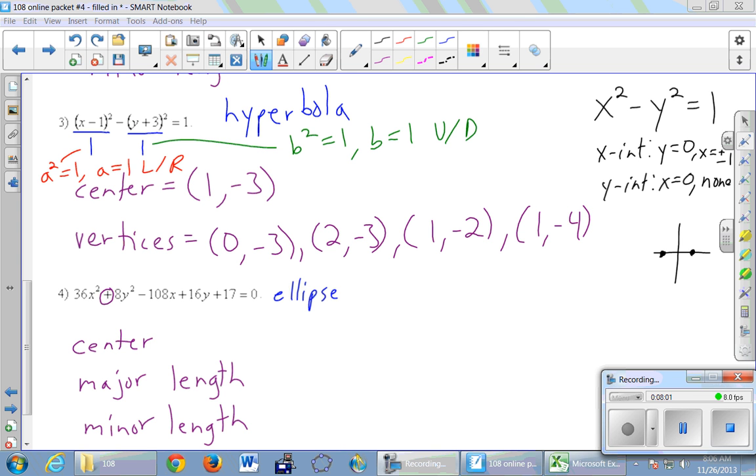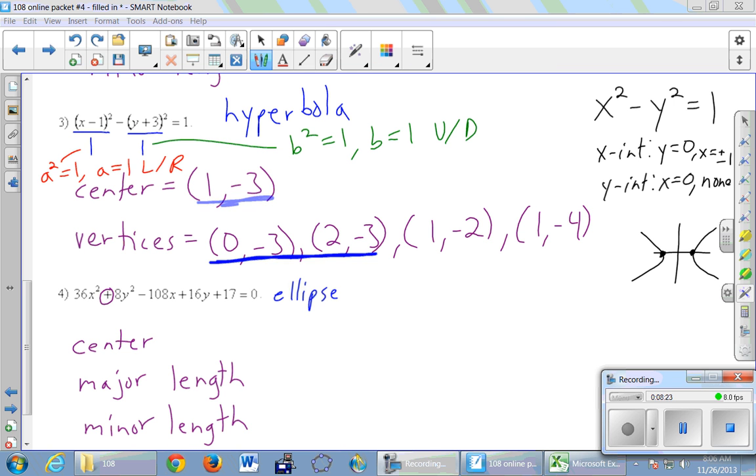And I've got to draw a hyperbola that hits these 2 points. Well, pretty clearly, if I'm not allowed to hit the y-axis, it looks like that. So that's how I remember real quick that if the x squared is the positive one, then it's a left-right. Okay, so it's a left-right hyperbola, which means that the points that we found by going left and right from the center, which were these 2, are the actual vertices, and I'll just put a line through the other 2.